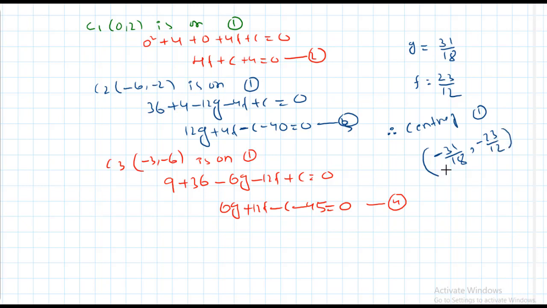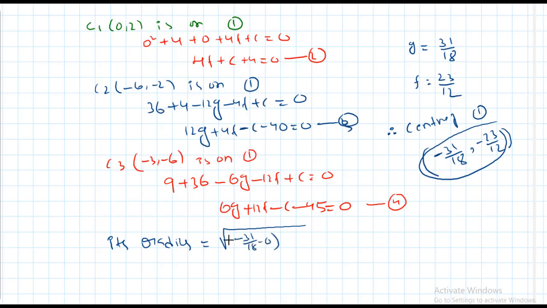Actually we need to find its radius, then add 3 to it. Radius equals root over, just find the distance from this point to any of C1, C2 or C3. I want to find it from C1: minus 31 by 18 minus 0 whole square, plus minus 23 by 12 minus 2 whole square.